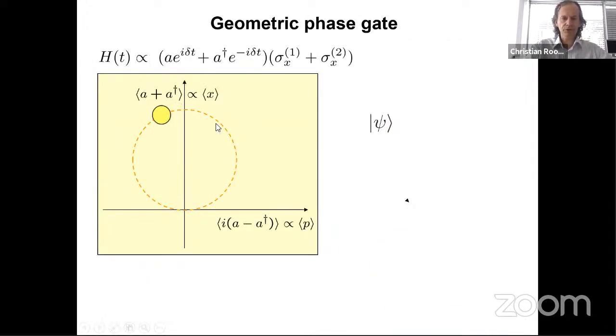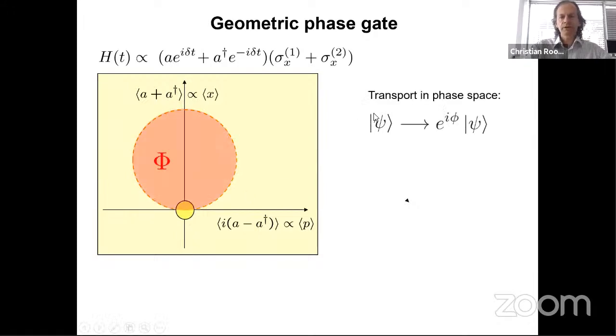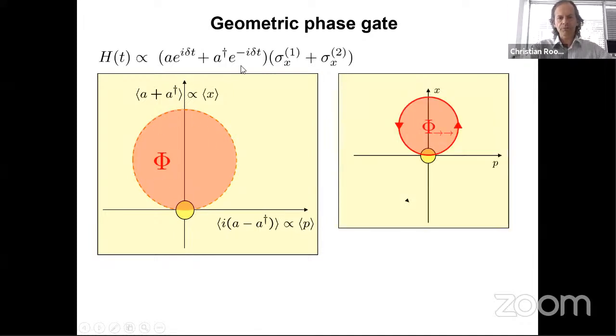So once again, I have this circle in phase space, and the phase factor that is picked up depends on the area that is enclosed. And now, what happens if I prepare my ions both in an eigenstate of the sigma x operator? Then I can effectively replace this operator by its eigenvalue when it acts on this electronic eigenstate, which would be in this case +1, +1, and then I have this trajectory in phase space.